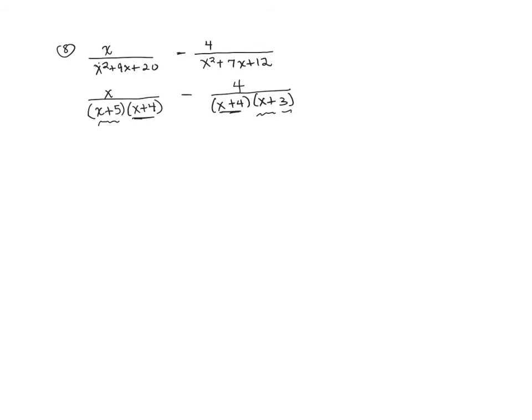So a good shortcut to use is to multiply by the factor that is missing. So they all have the same three factors. I'm going to rewrite this step with a little space.